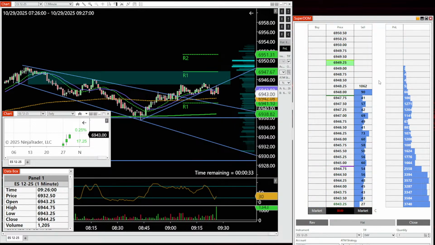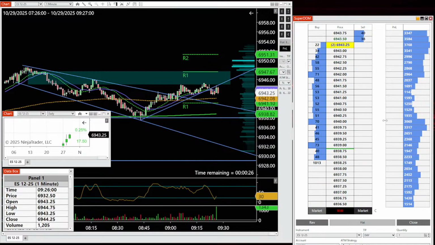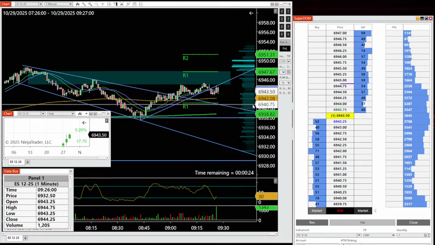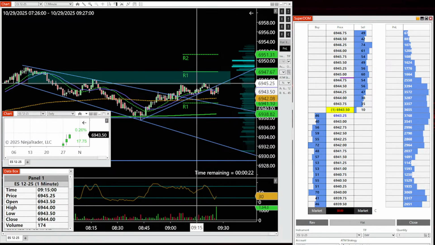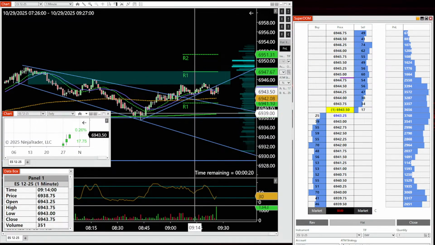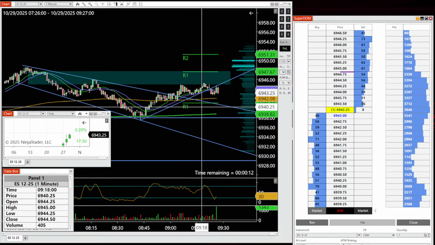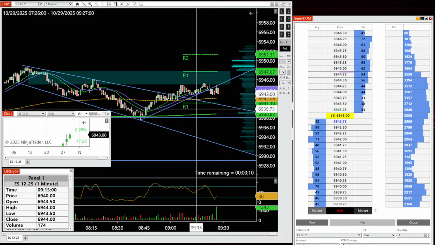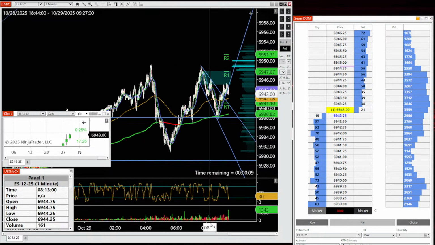So I want to see above 50. If we get above 50, I want to go long above 50. I don't want to trade up into the 50. Maybe if we get into the 40s and stay above the 40s, up into the 50s, but we've been doing that all night.